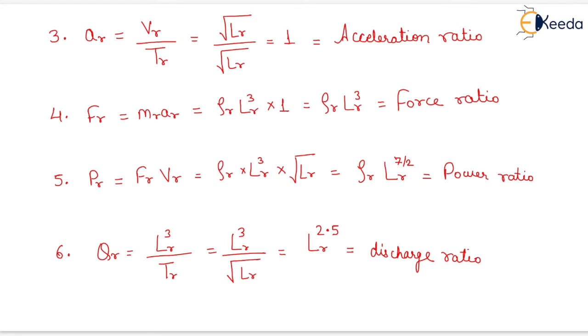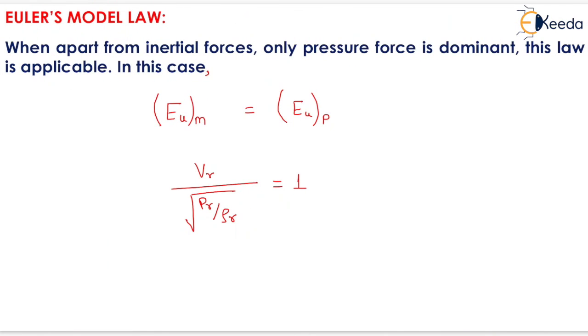Now Fr will be equal to Mr into Ar, which will be equal to rho r into Lr cube, the force ratio. Now Pr will be equal to rho r into Lr to the power 7 by 2, which is known as the power ratio, and Qr will be equal to Lr to the power 2.5, which is known as the discharge ratio.